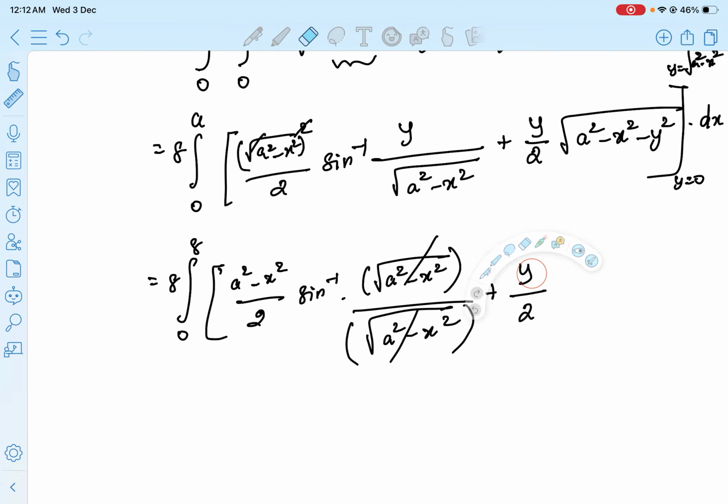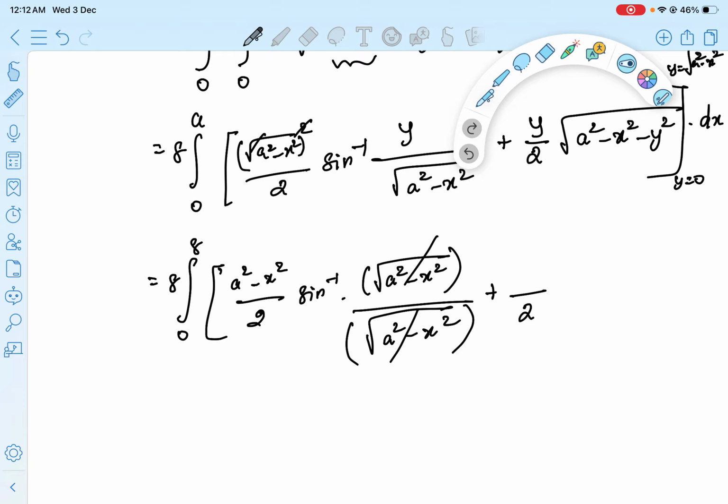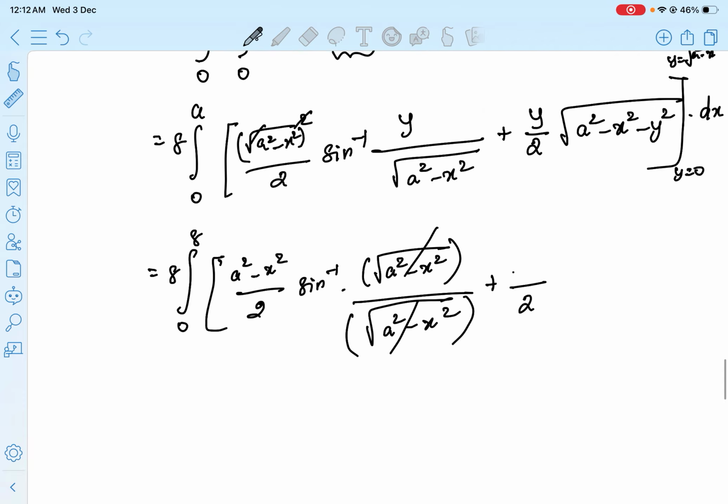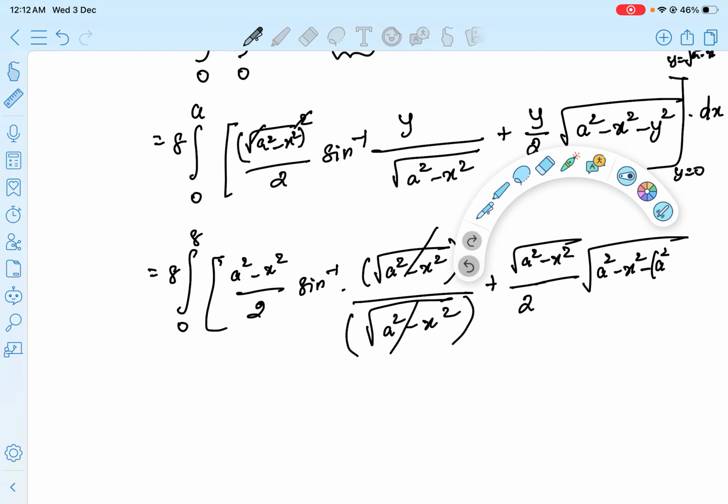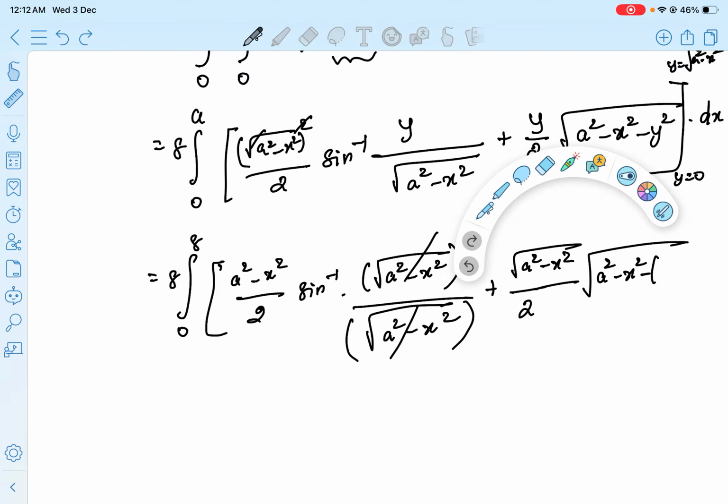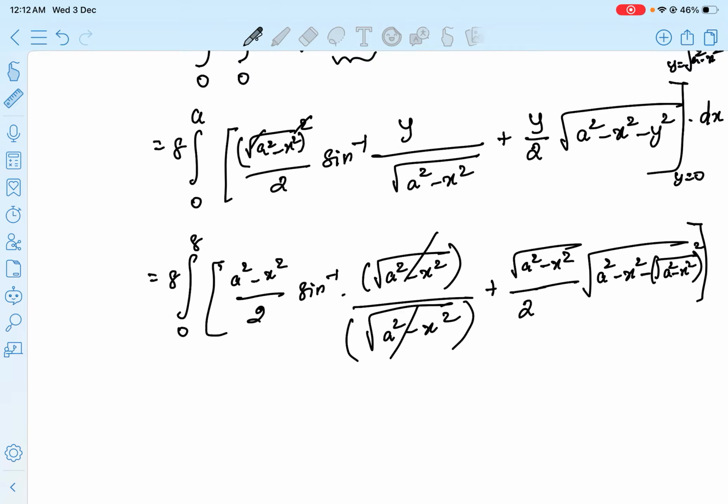Again our y is root of a square minus x square by 2 into this term, a square minus x square minus the whole square of root of a square minus x square, into dx.